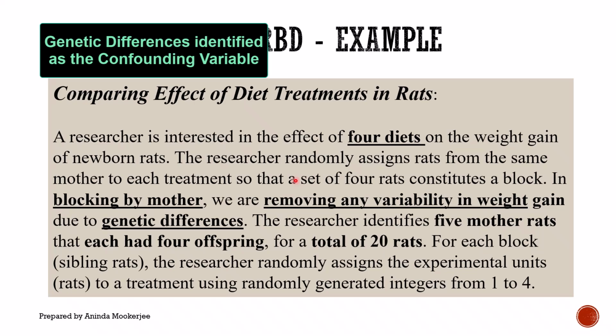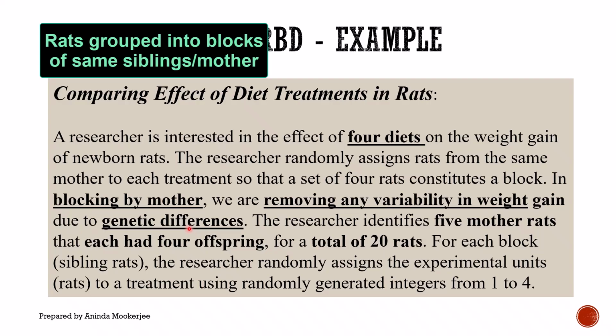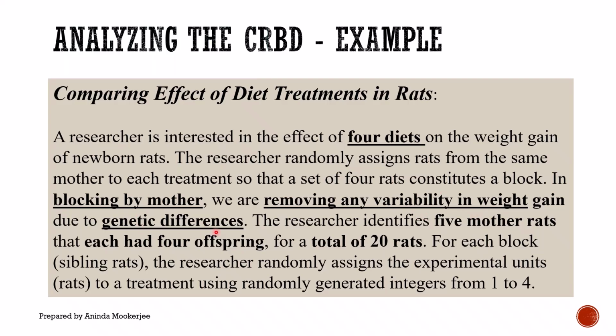So they create the blocks based on the mother of the rats in order to remove any variability that might come up due to genetic differences. So that's the purpose of using the randomized block design.